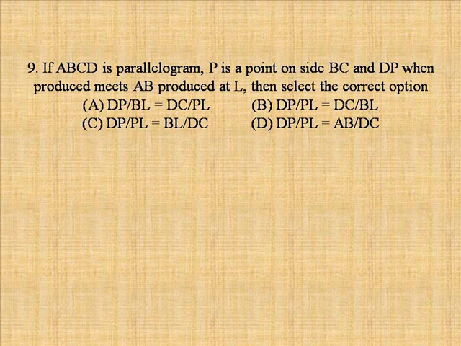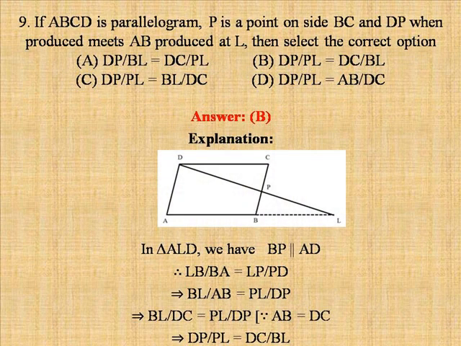You have the parallelogram ABCD where P is a point on the side BC and DP, when produced, meets AB produced at L. So you need to find which option is correct. So let's see its answer. Answer is option B, that is DP by PL equals to DC by BL.